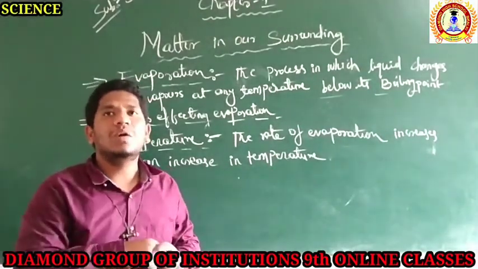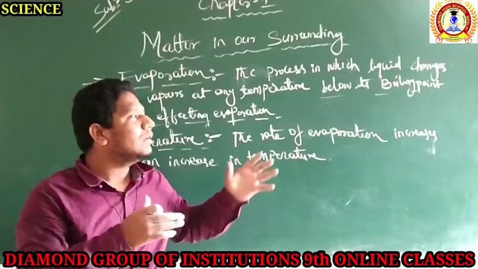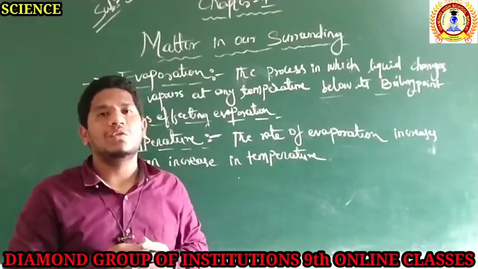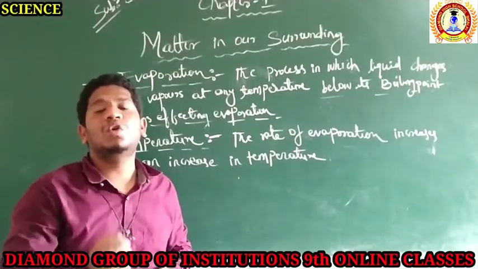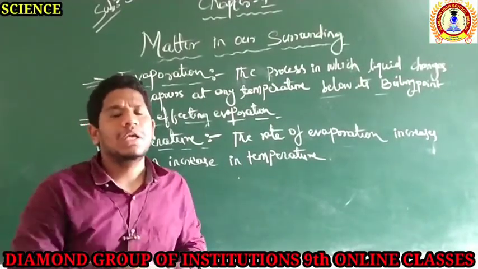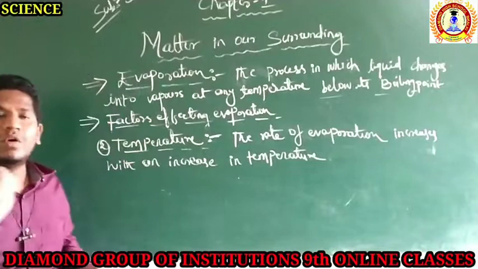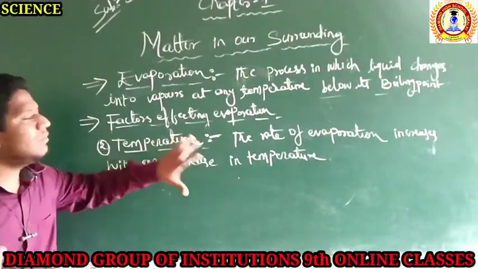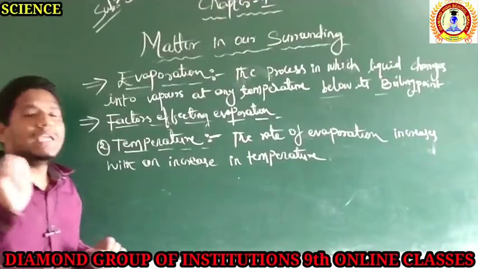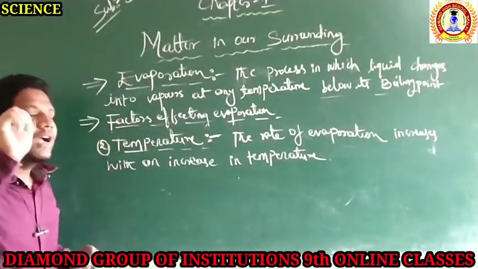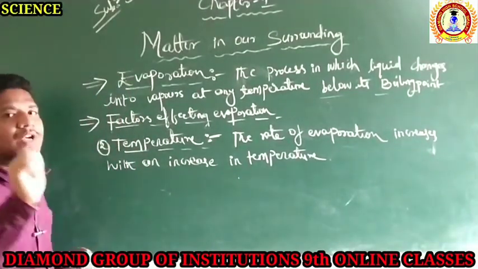So as a result, what are we going to do? We are going to wait for the drying of the clothes. But in a summer season, if you keep the clothes only for 1 hour or 2 hours, your clothes will be completely dry. This is because the process of evaporation will be more when the temperature of the environment is more. Means even the temperature influences the process of evaporation.